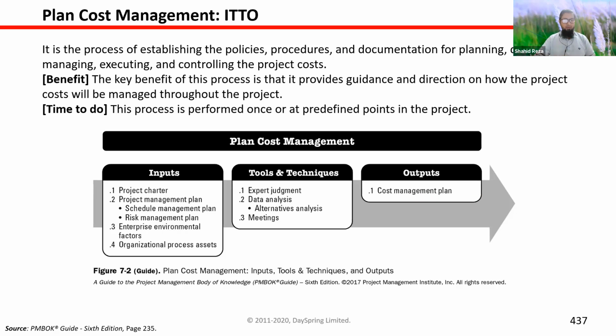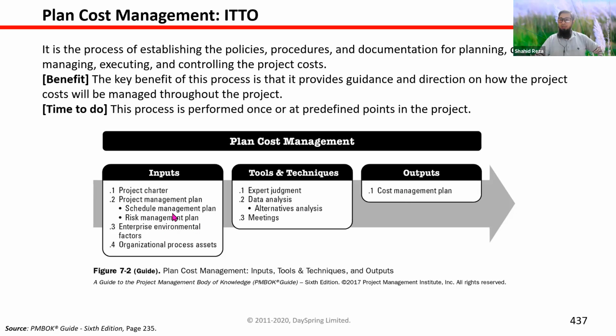All right. So what we need as input, we need the project charter. Why do we need the project charter? Because in the project charter, we have seen there is a high level project budget mentioned there. So that will guide you when you are developing the estimated project budget, the definitive project budget.